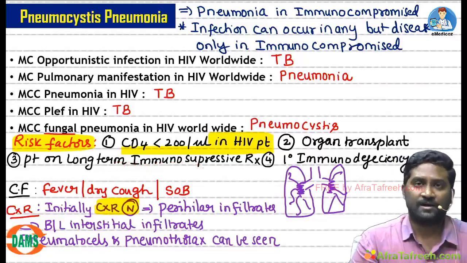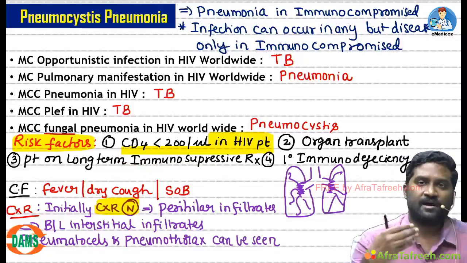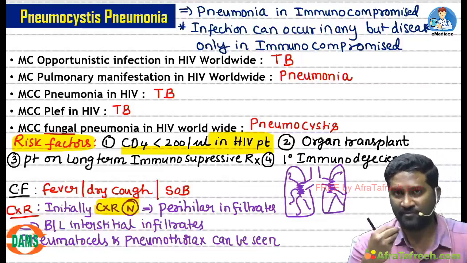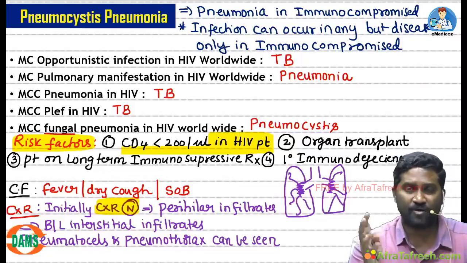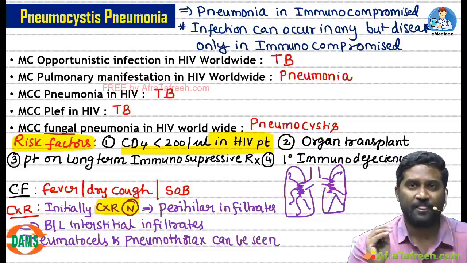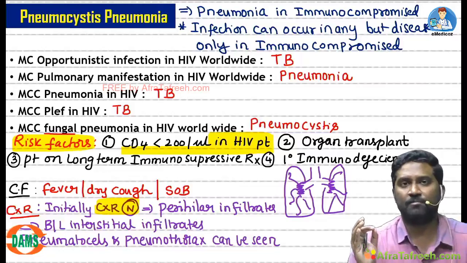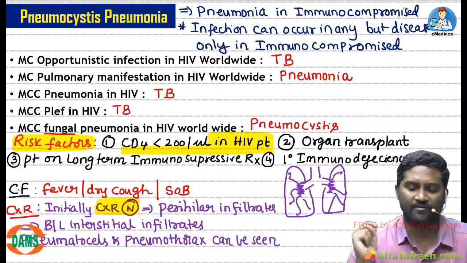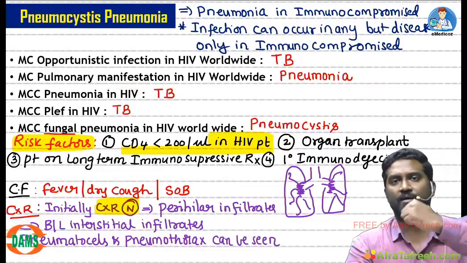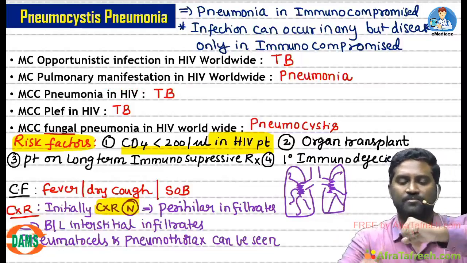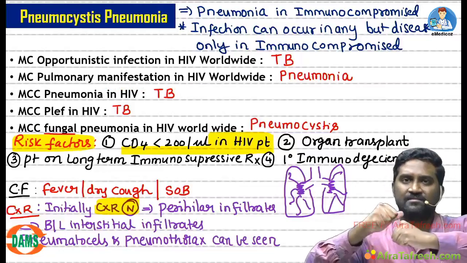Now coming to the diagnosis. This is an atypical pneumonia. Even if you collect sputum, you cannot find organisms. Then what will be the ideal sample? The ideal sample will be bronchoalveolar lavage. In bronchoalveolar lavage, I put in a bronchoscope and inject some saline.